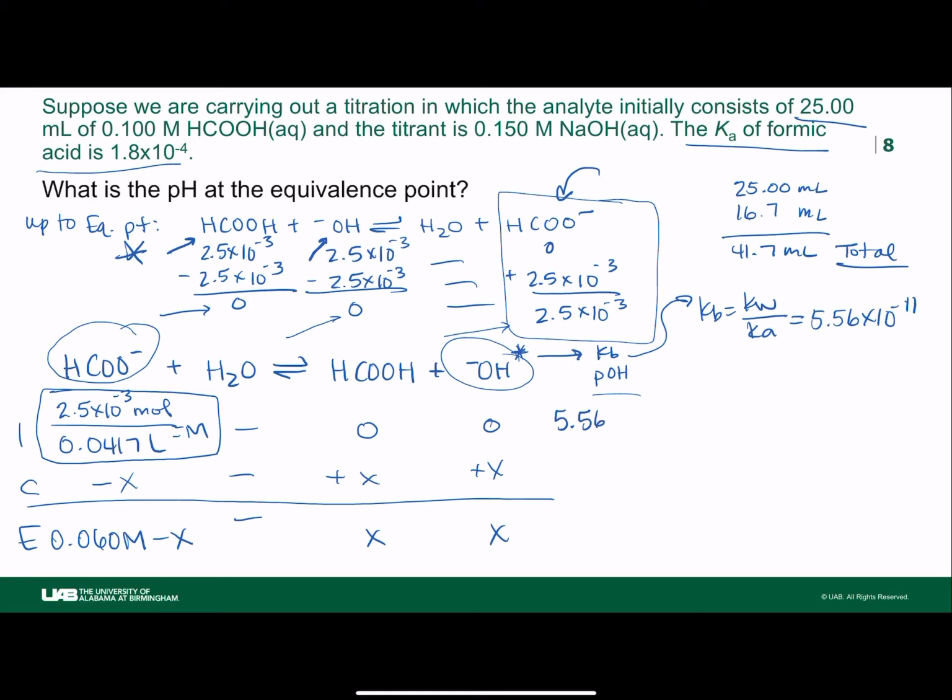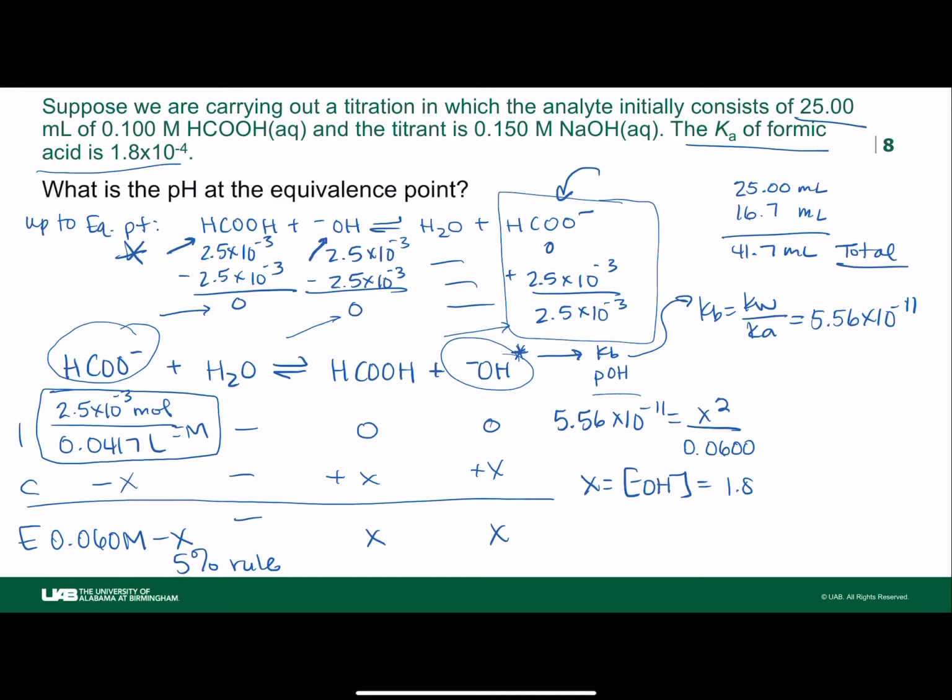So I'm going to set up my K expression. I'm going to set it equal to the products over the concentration of the reactants. I'm going to use my 5% rule, and I'm going to drop that x. So we can solve for x, and when we do that, we get the concentration of hydroxide ions.